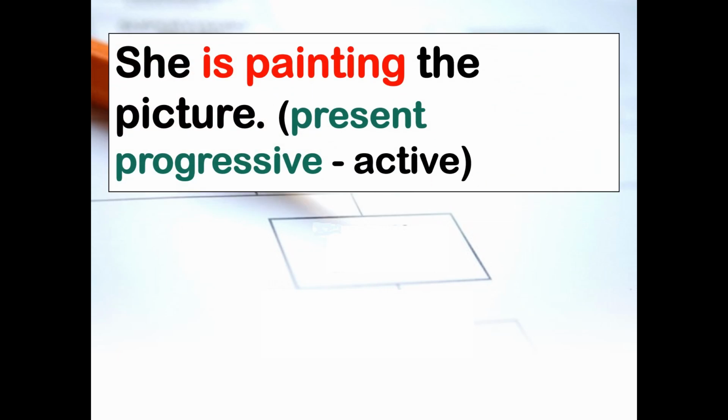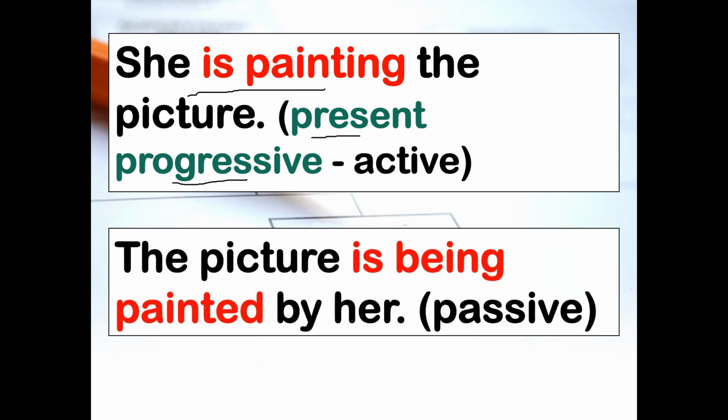So in this case, class, the given is in present progressive. So what do you mean by that? It is still, the action is still going on. So how are you going to transform this one into passive voice? So this will become, the picture is being. So you have there the word being, is being painted by her.